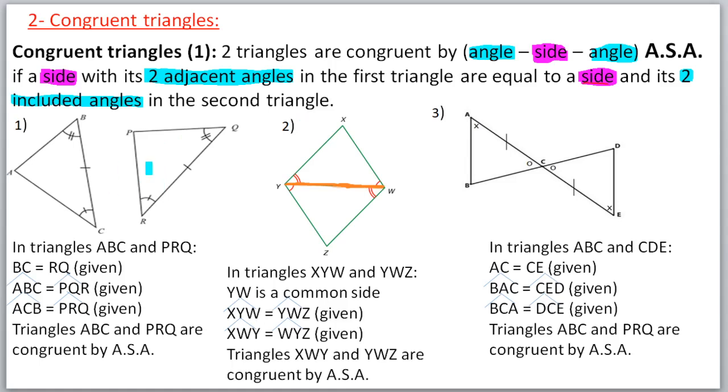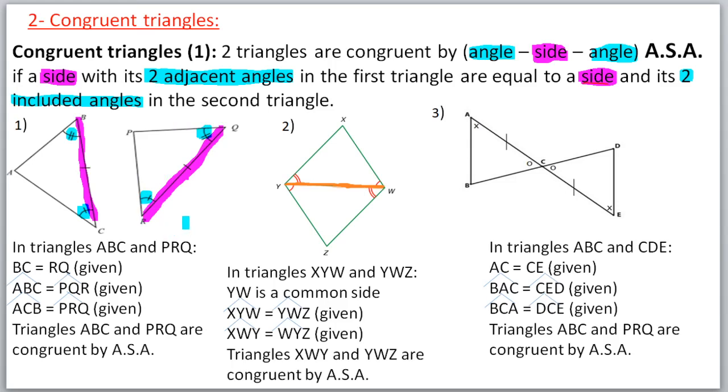Okay, fine. How could we see it on the shapes? I'll use the same colors here to show you. If the side and two adjacent angles of the first triangle, this is the side and these are the two adjacent angles, are equal to a side of the other triangle, and this side is equal to this side, and the two adjacent angles are equal.